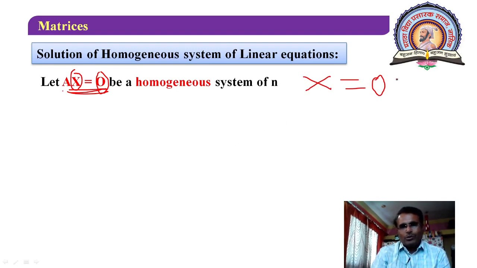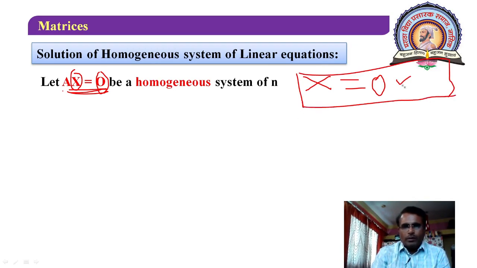At least this solution is there, but along with this infinite solutions are also possible. If this solution exists alone, then it is the unique solution, but along with this there is a possibility of non-zero solutions also, and see how that is possible.